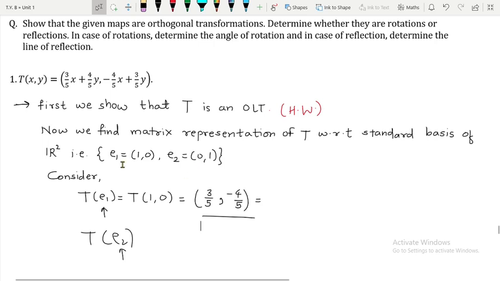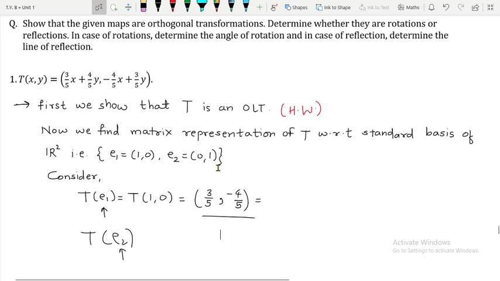It can happen that the basis of domain and codomain may be different, but in this case we are taking the same one. If the basis of the codomain is different, we have to express this 3 upon 5 and minus 4 upon 5 as a linear combination of that basis vectors, and we have already learned how to express a certain vector as a linear combination of some other vectors in our first year and second year classes.